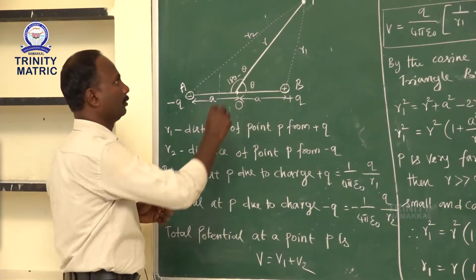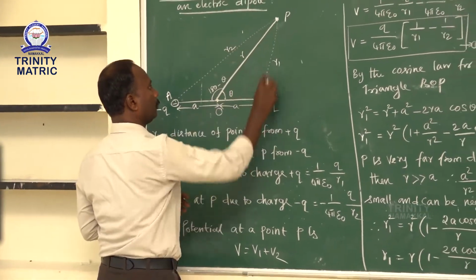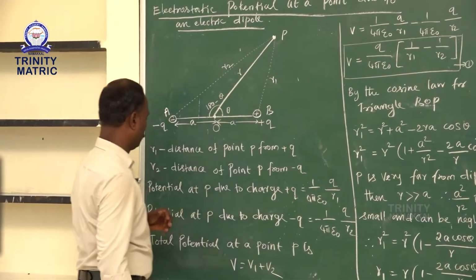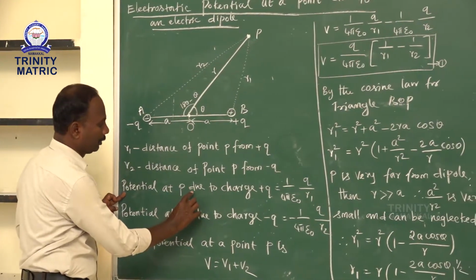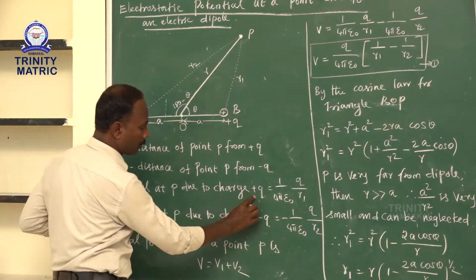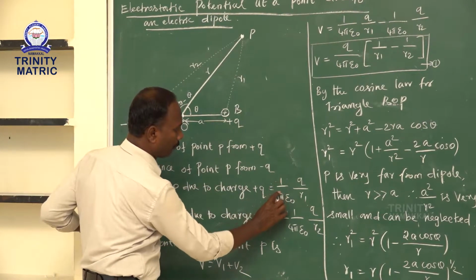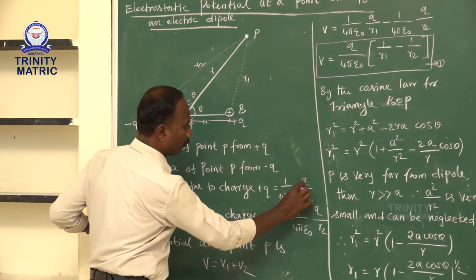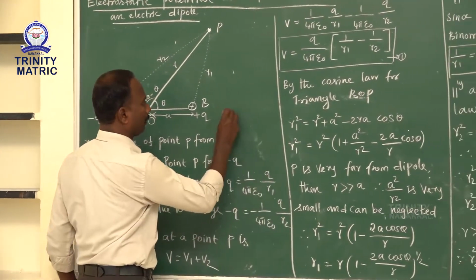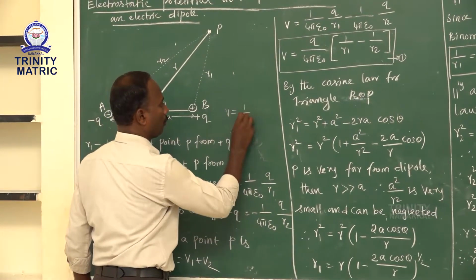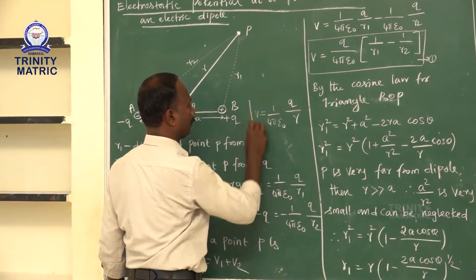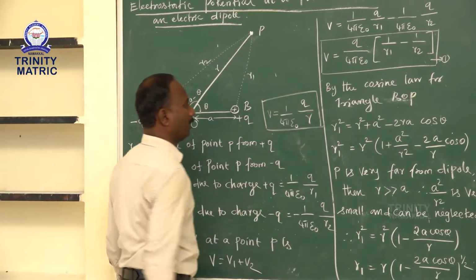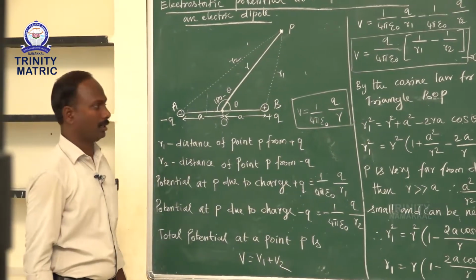Now write the potential at point P due to plus Q and due to minus Q. The potential at point P due to the charge plus Q is 1 by 4 pi epsilon naught Q by R1, because the general formula V is equal to 1 by 4 pi epsilon naught Q by R is the electric potential at a point due to a point charge.